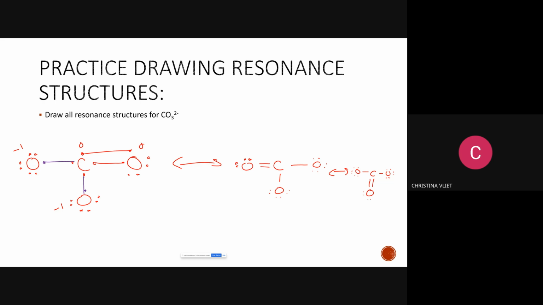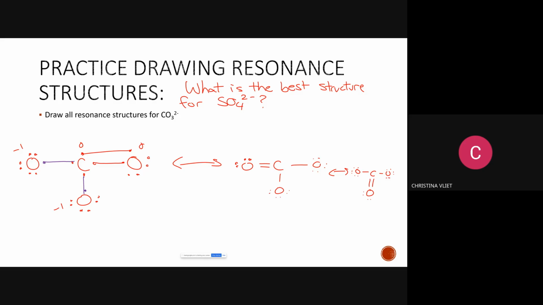So I want you to now think about a second one that I didn't write in the lesson, but I wanted to address it. What would be the best resonance structure for SO4 2 minus? I put these 2 per slide on purpose.